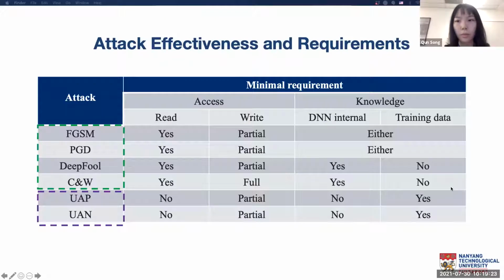In this table, we summarize the attack effectiveness and requirements against VSA. The table presents the minimal set of requirements for each attack to render the attack construction effective. The first 4 rows are the input-specific attacks, and the last 2 rows are the universal attacks.